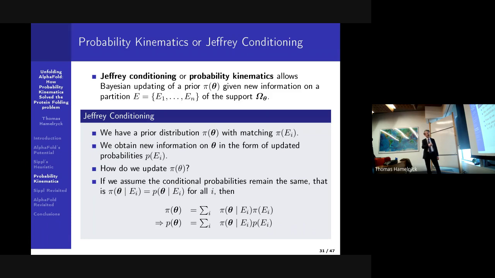We have a prior probability over our partition elements, we obtain new information, and we go from this probability over here, where we sum over our partition elements, so we replace the previous probability over the partitions with the new probability over partitions. But the conditional probability of the parameter, given the fact that it belongs to a certain partition, remains the same. This is a very simple idea, but it generalizes Bayesian updating to this case.